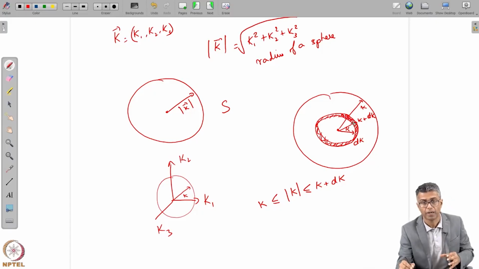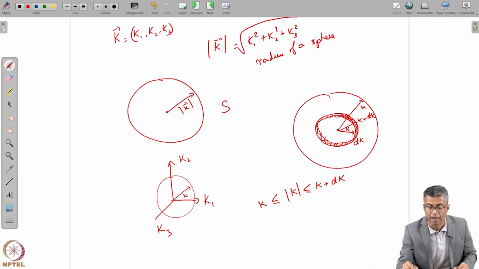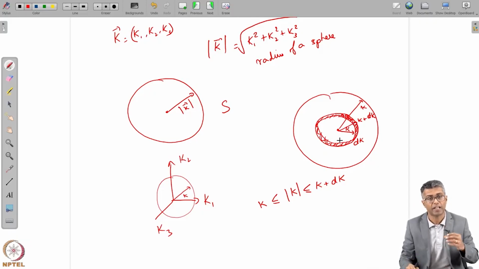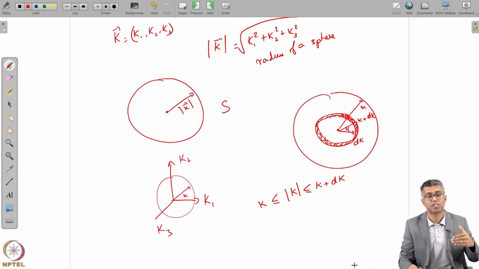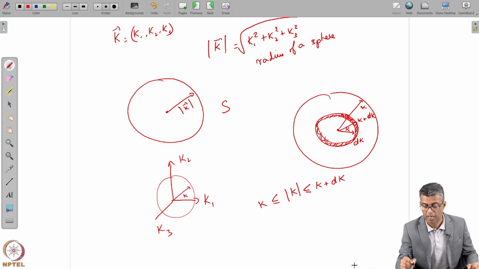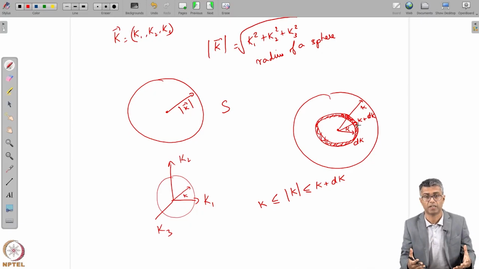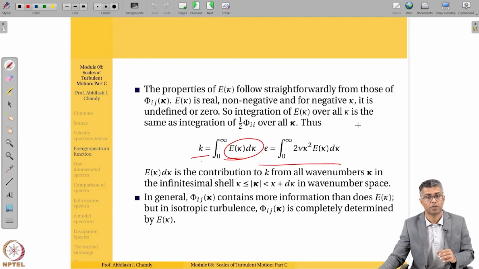So E of kappa is the contribution to the energy spectrum due to this particular shell with thickness d kappa, which has an inner radius kappa and an outer radius kappa plus d kappa. That is what is shown here. I hope this is clear, and I had explained it in the previous class. So that is your contribution to the energy spectrum function.